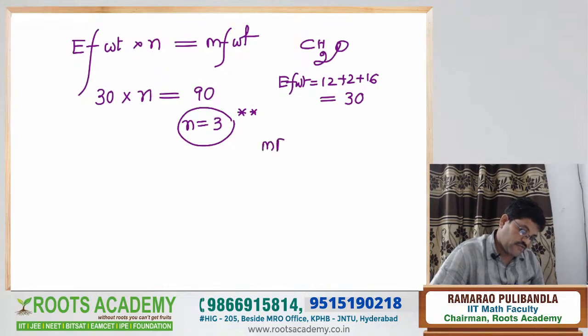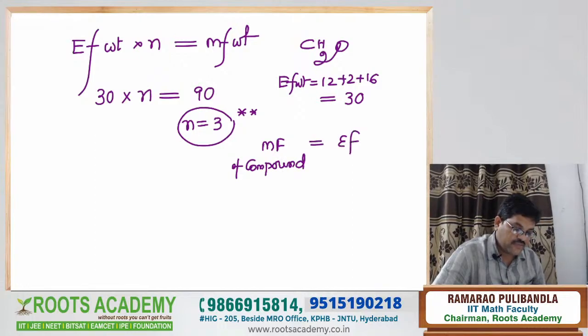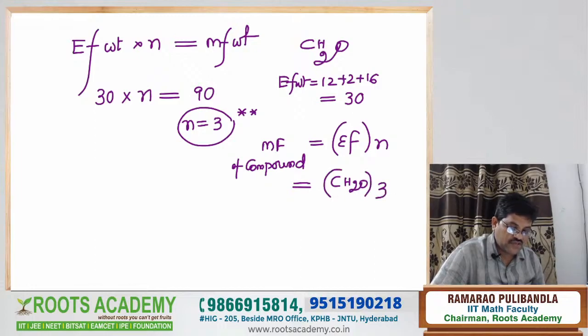Therefore, the molecular formula of the compound is equal to the empirical formula whole N. So this is CH2O whole N. N value is 3.